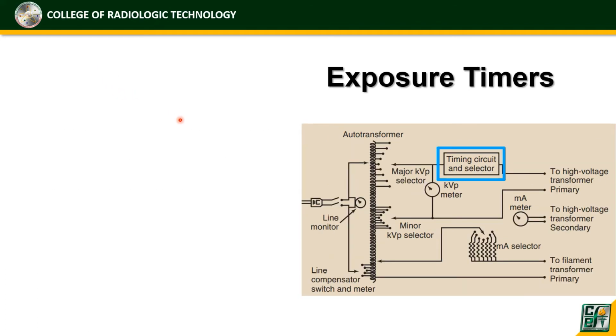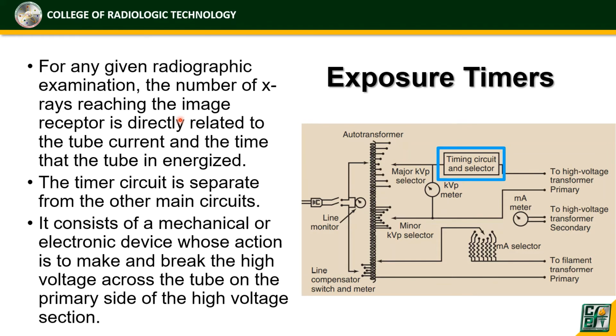That's a very important thing in the low voltage section or the control panel or operating console: the exposure timers or the timing circuit and selector. So of course, there are different types of timers used in the X-ray imaging system.